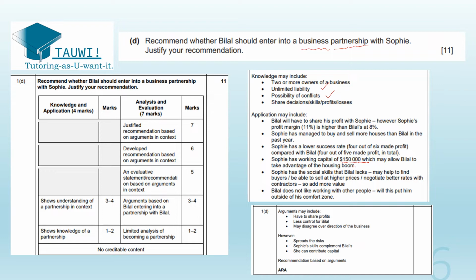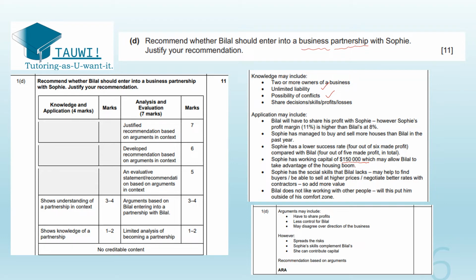Sophie has social skills that Bilal lacks. She might be able to find buyers, and she could maybe convince them to pay higher prices. Bilal does not like working with other people, so this could be a sort of a problem. But if Sophie has very good social skills, she can maybe accept that.